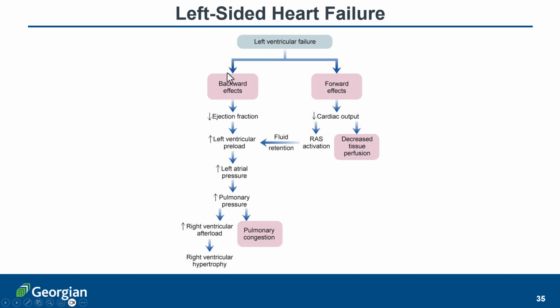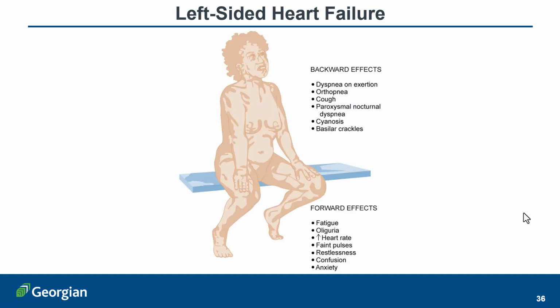So the backward effects of left ventricular failure, of left-sided heart failure, is an increase in pressure in the pulmonary vascular system, resulting in pulmonary congestion and all the manifestations that result from pulmonary congestion, including pulmonary edema. So we'll look at that shortly. Right now, in fact. So let's do the forward effects first.